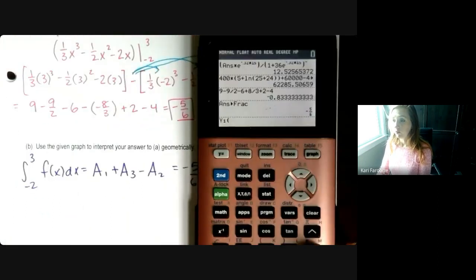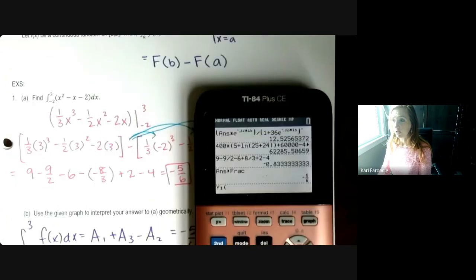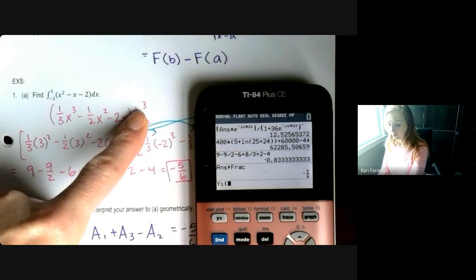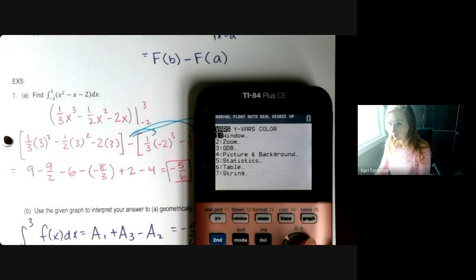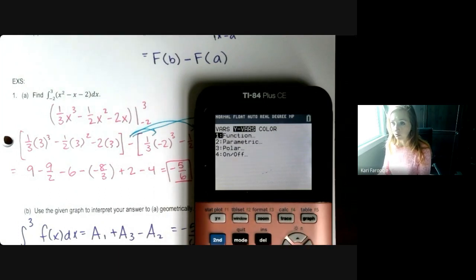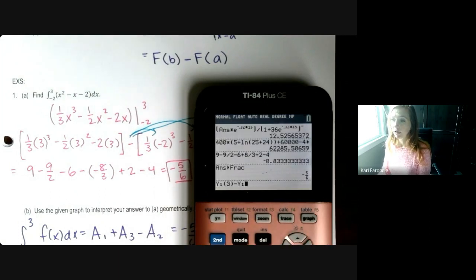I'm going to evaluate y sub 1 at b, which for us is 3. Close your parenthesis, and then I'm going to pull up my y sub 1 again. So I'm going to say minus variables, scroll to the right, Y-Vars, enter for function, enter for y sub 1, open a parenthesis. My lower limit is -2.